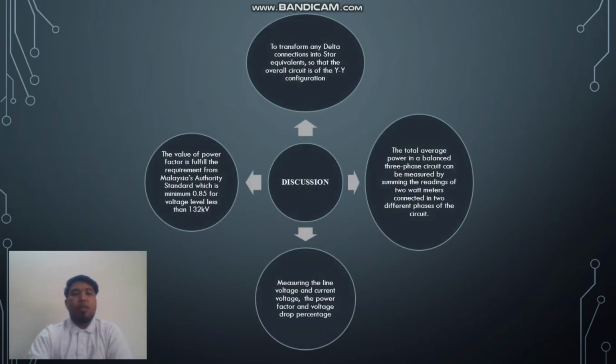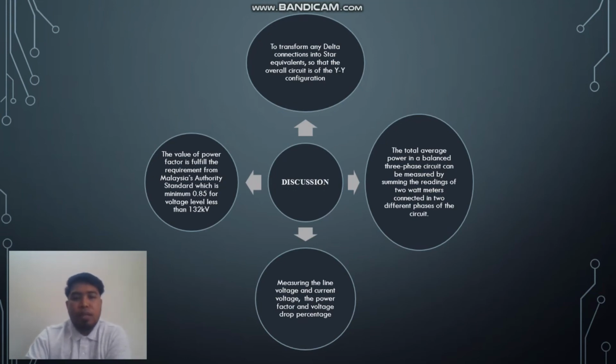Next, the discussion. The discussion about this project is, first, to transform any delta connection into a star equivalent, so that the overall circuit is in the YY configuration, and that's why we need to run the YY configuration connection in the PSIM circuit.